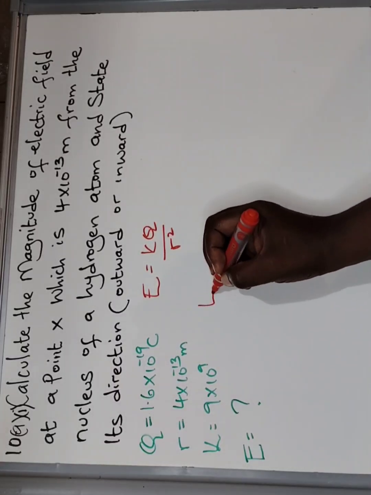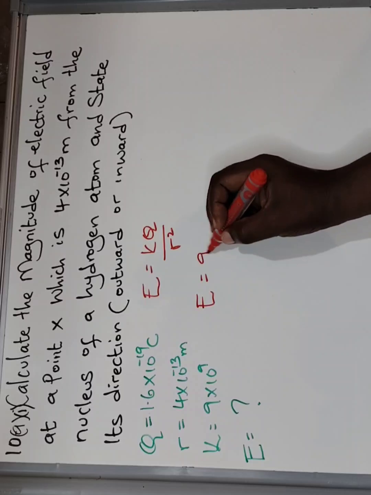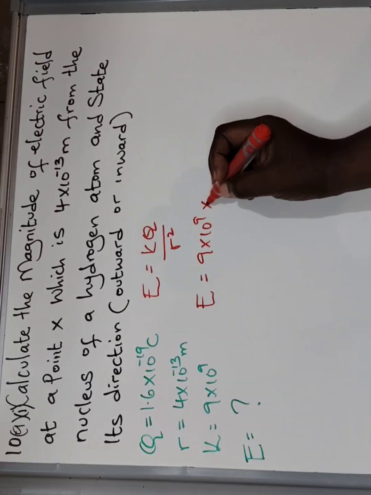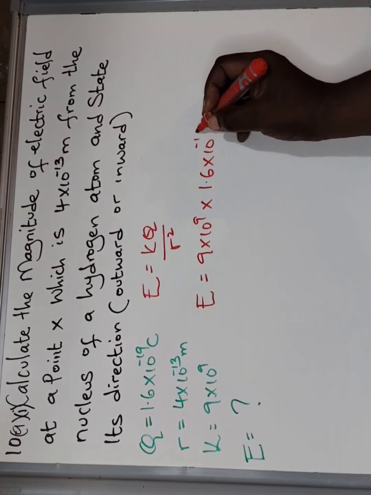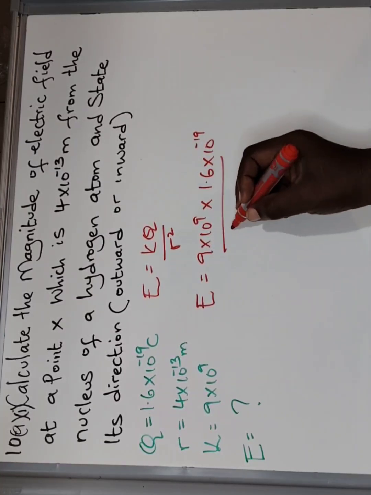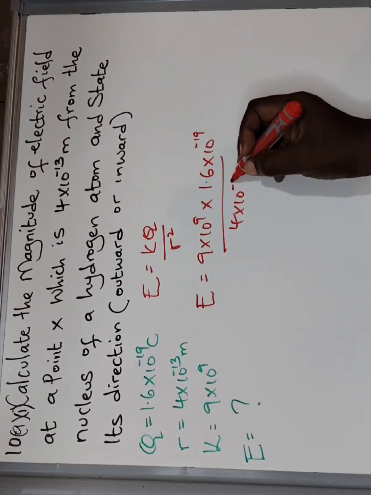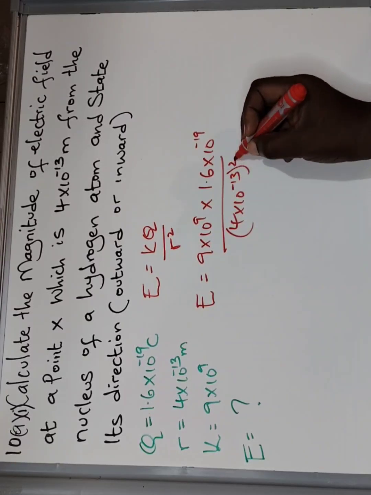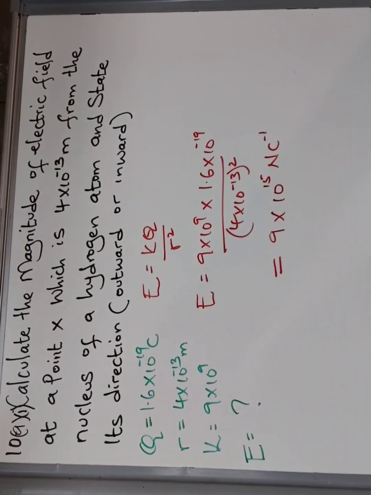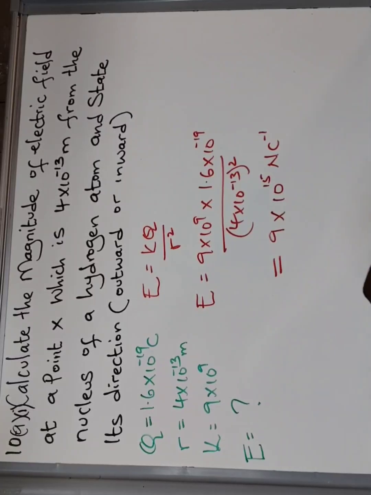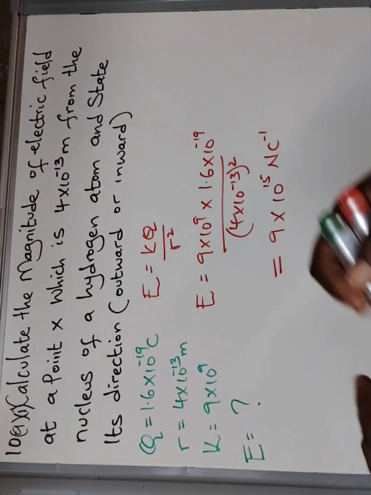We know K, our Q is that, and our distance is known, all squared. And we get our E. So there we are. This is the magnitude of the electric field at that point. Very strong. It's to power 15. You have to remember that.